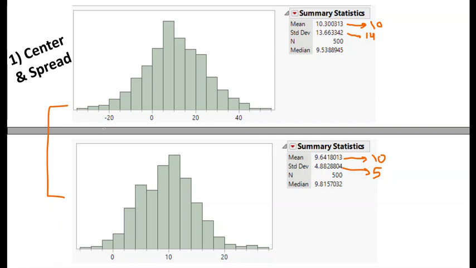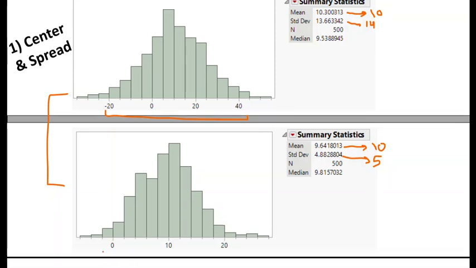And this becomes apparent if we look at both graphs here. The values in this distribution range from -20 all the way to 40, which means the values have more variability or more spread out across the range of numbers.